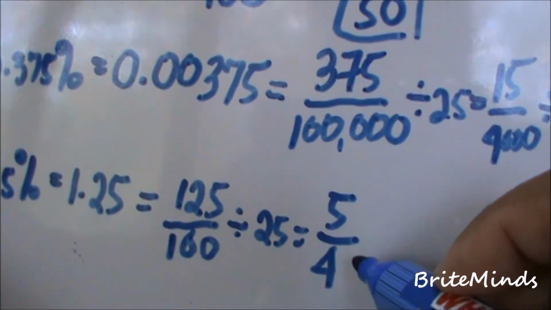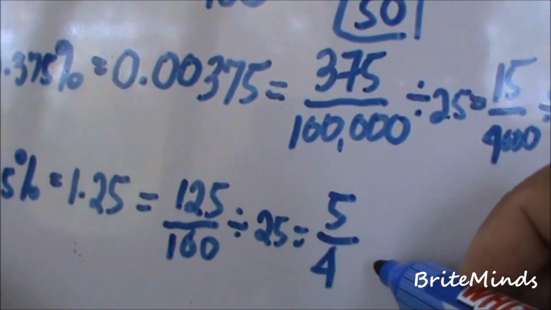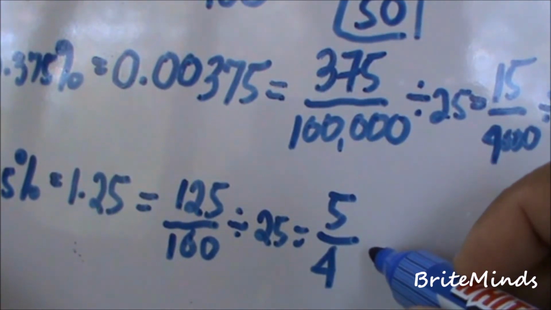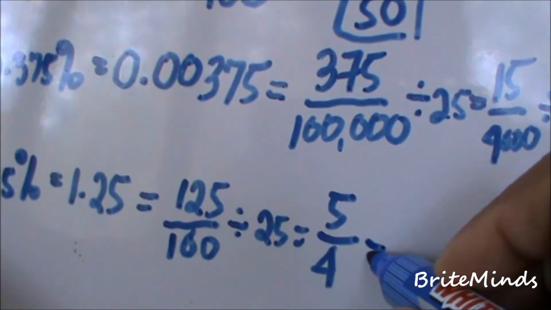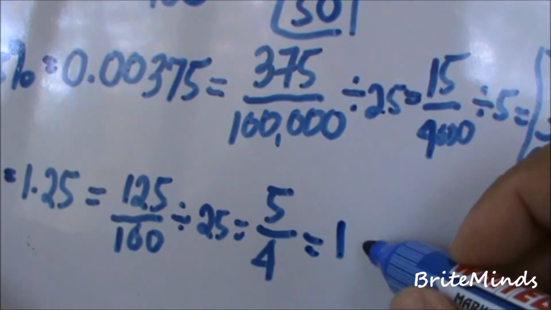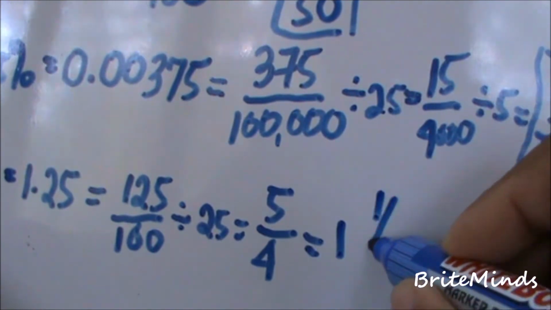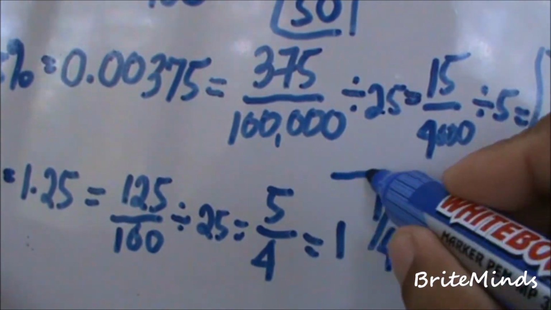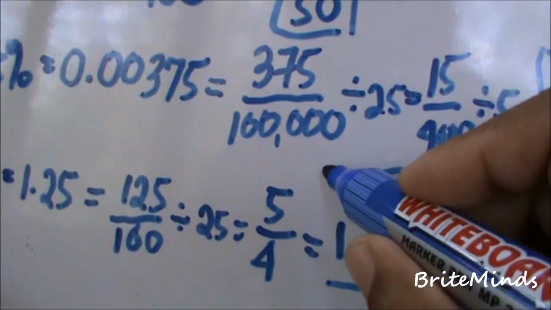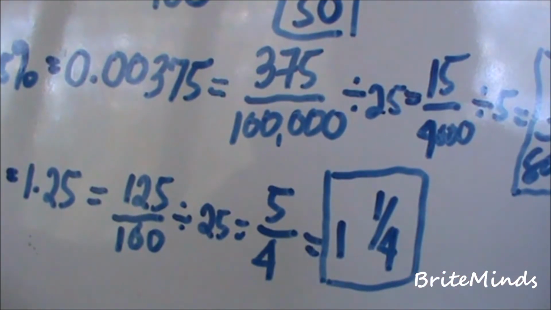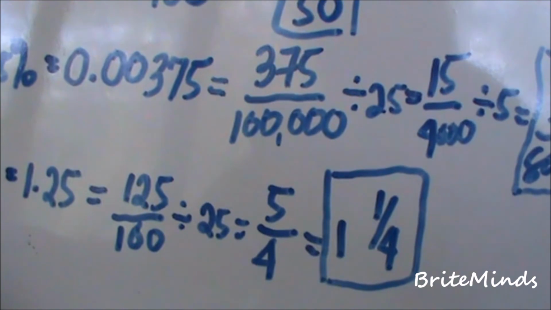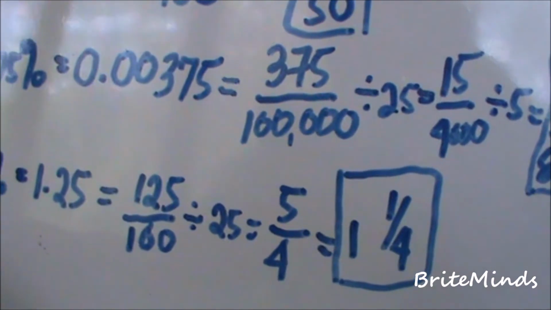We need to change it to a mixed number. 5 divided by 4 is 1 and 1/4. So this is our final answer in reduced terms, 1 and 1/4.